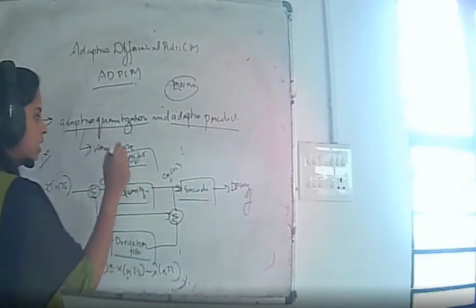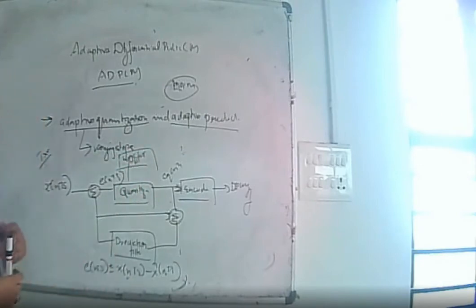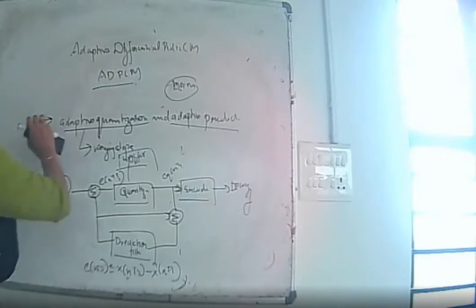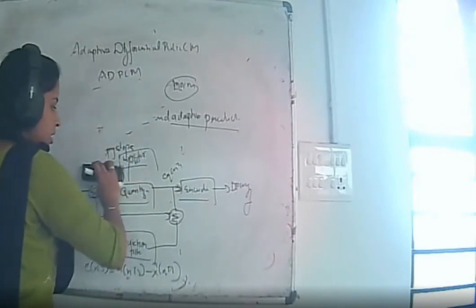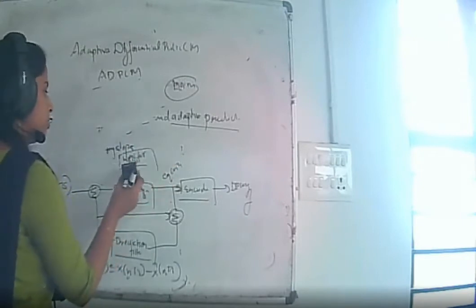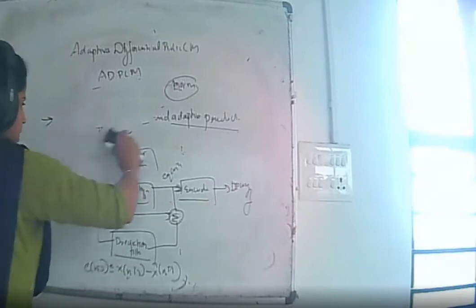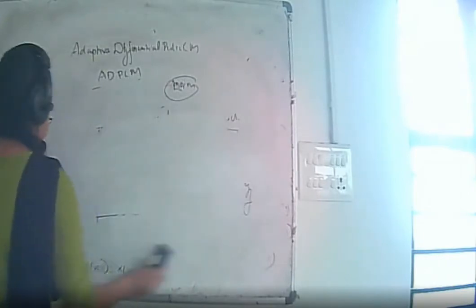The only extra thing is the logic circuit for step size selection, so that we can select the step size as per the varying input. This is the transmitter side. It is the DPCM block diagram, but with an extra block for the logic circuit for step size selection. Now we will go to the receiver side.